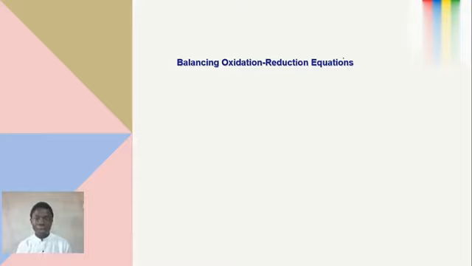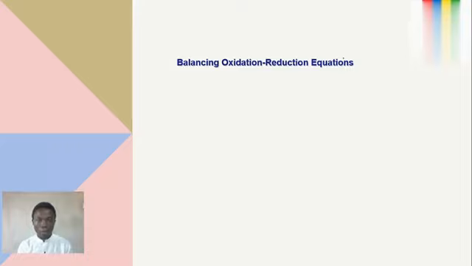We were able to explain what is oxidation and what is reduction, in terms of oxygen, in terms of hydrogen, in terms of electrons, and in terms of the oxidation numbers. In terms of oxygen, oxidation is addition of oxygen, while reduction is removal of oxygen.